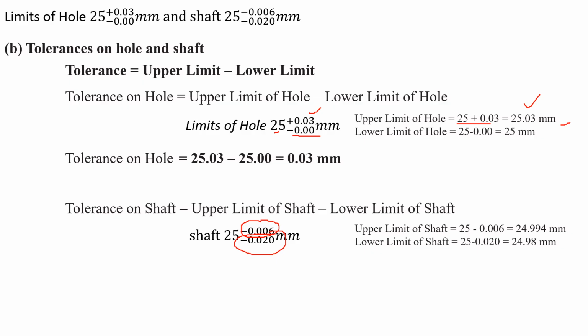Then tolerance on the shaft equals 24.994 mm minus 24.98 mm, which is equal to 0.014 mm. So tolerance on the shaft equals 0.014 mm.